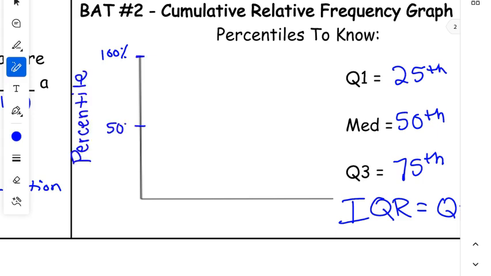So I'm going to do the 50th percentile, and then 25th percentile, and 75th. Using percentiles helps you compare data. So the variable is the x-axis, whatever variable that is.